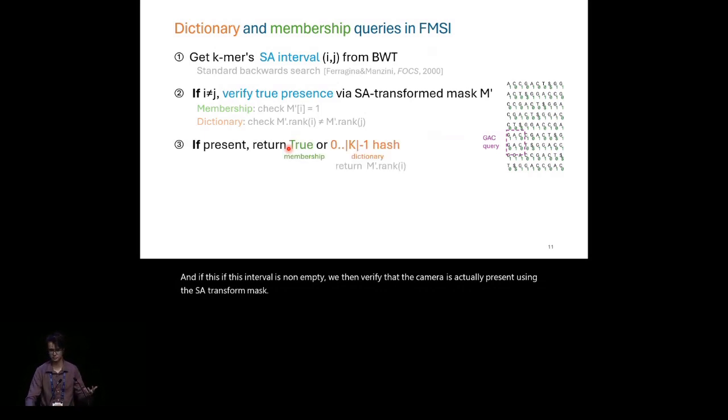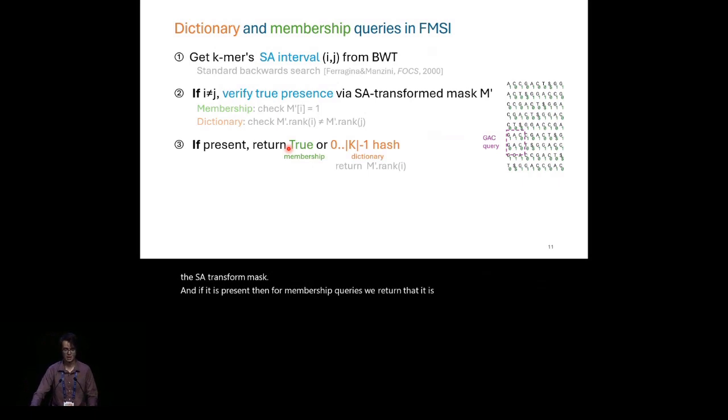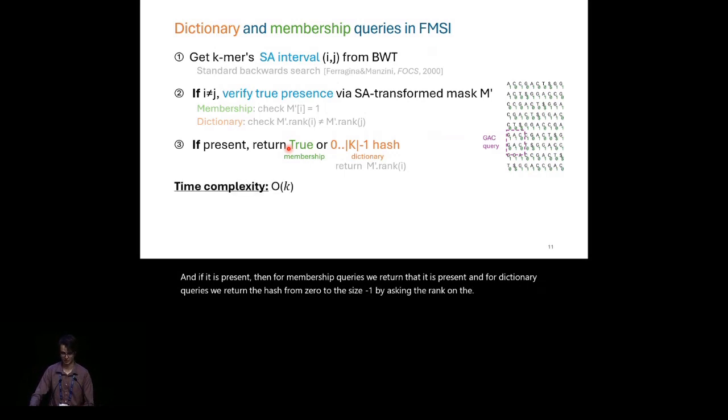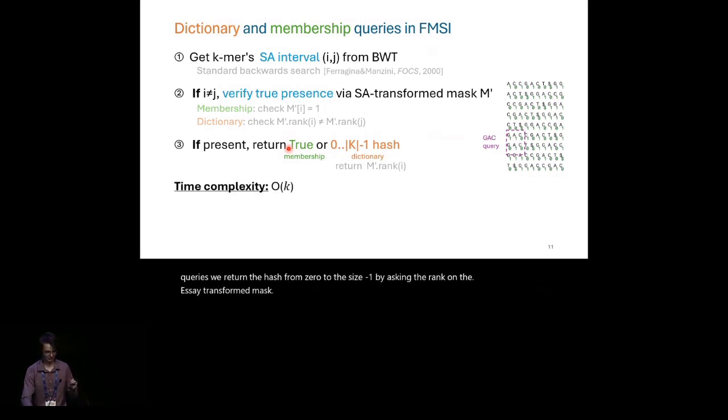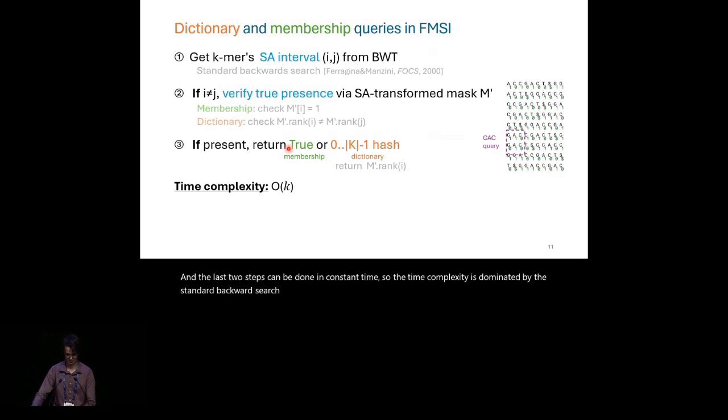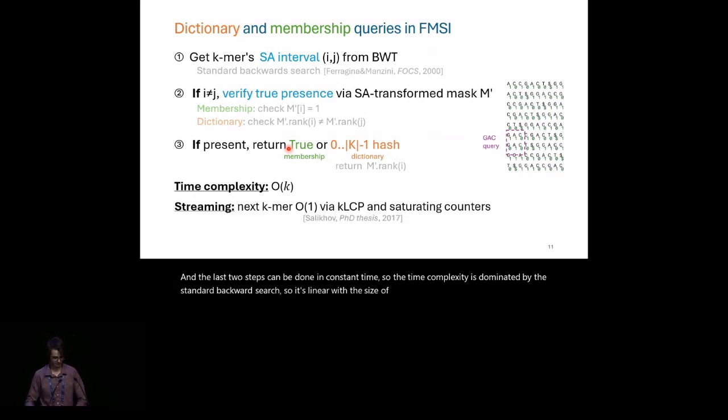And if it is present, then for membership queries, we return that it is present. And for dictionary queries, we return the hash from 0 to the size minus 1 by asking the rank on the SA transformed mask. The last two steps can be done in constant time. So the time complexity is dominated by the standard backward search, so it's linear with the size of k.